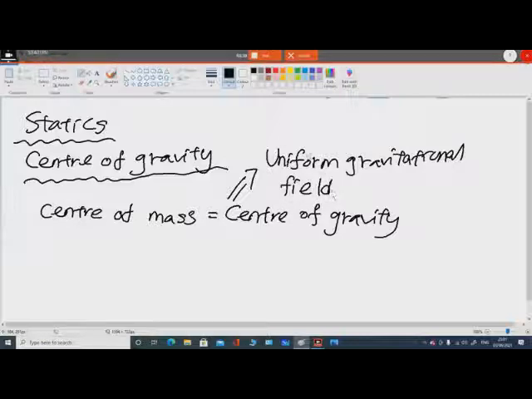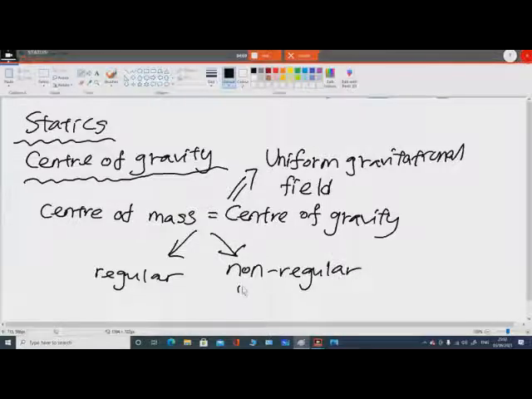Our planet Earth has a uniform gravitational field. So this gives us the concept that the center of mass is equal to the center of gravity. This concept is always applicable for regular and non-regular objects. So this is how we determine the center of gravity.